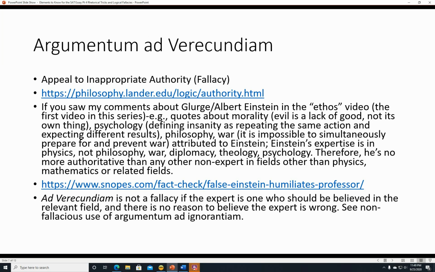He may have actually said that one, but even if he said all of them, Einstein's expertise is in physics, not philosophy, war, diplomacy, theology, or psychology. Therefore, he's no more authoritative than any other non-expert in fields other than physics, where he definitely was an expert, mathematics, or related fields. If Einstein said something about math, I'd believe him. Said something about physics, I believe him. If he says something about psychology, maybe I believe him, maybe I don't.